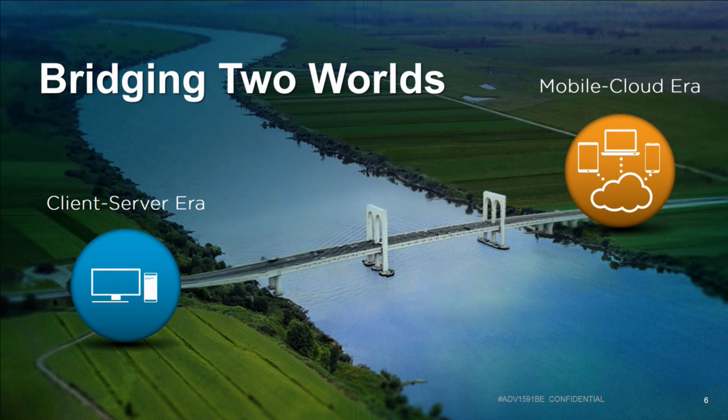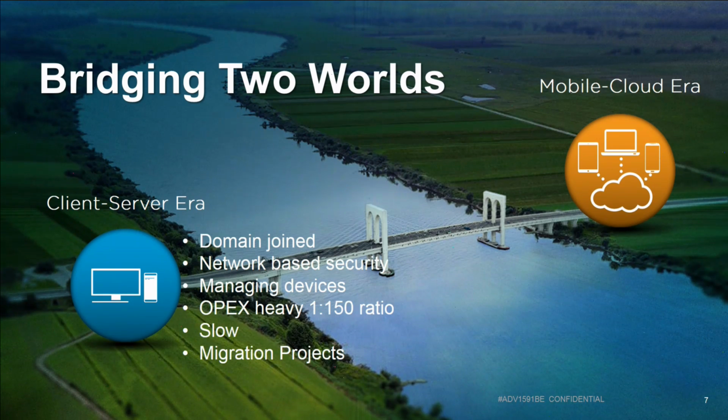So typically, the challenge we are facing is how could we bridge those two worlds? You still have the requirement to access client-server applications, Windows applications, while still having to move to this new mobile era. And typically, in the client-server era, you had full control over the applications thanks to that client-server infrastructure with domain-driven machines.